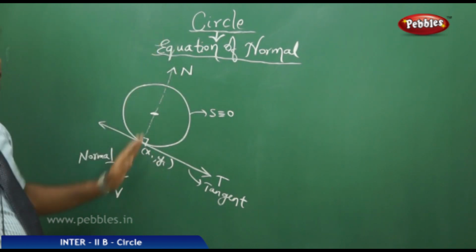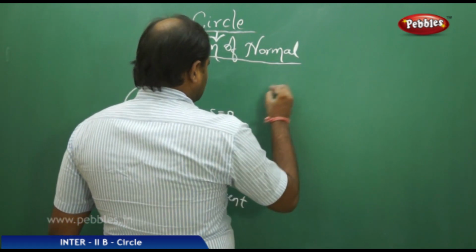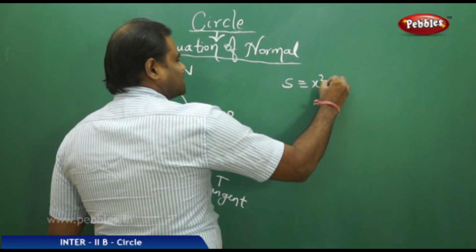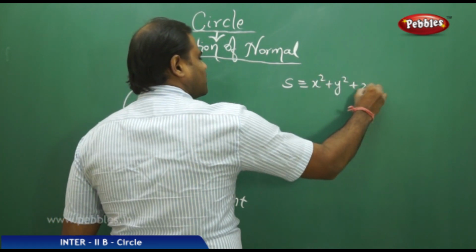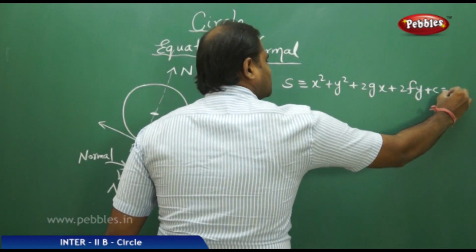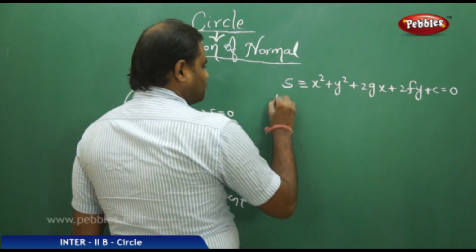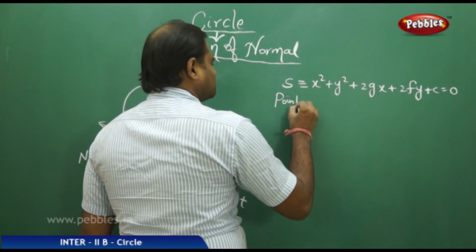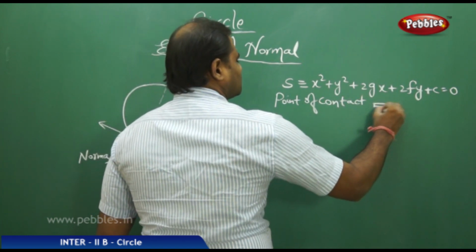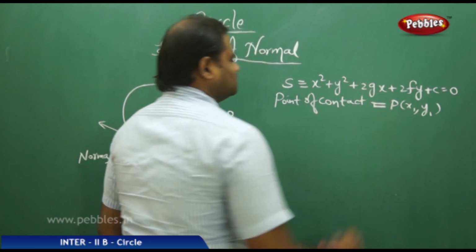The general circle is x squared plus y squared plus 2gx plus 2fy plus c equal to 0. Now the point of contact is P(x1, y1).